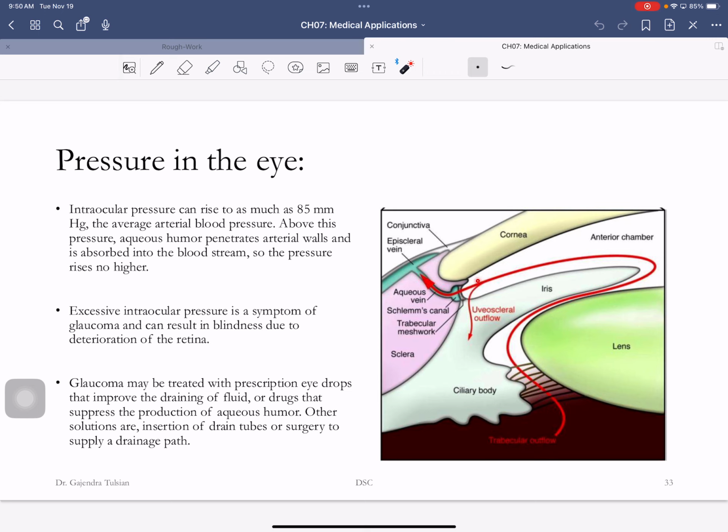See, the aqueous humor drains through this canal and gets absorbed by the bloodstream. If Schlemm's canal gets blocked, then you have a problem. If you have a blocked drainage, they can fix that by inserting tubes to let the aqueous humor drain.